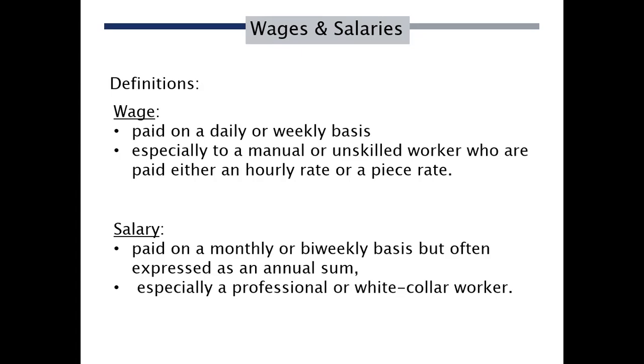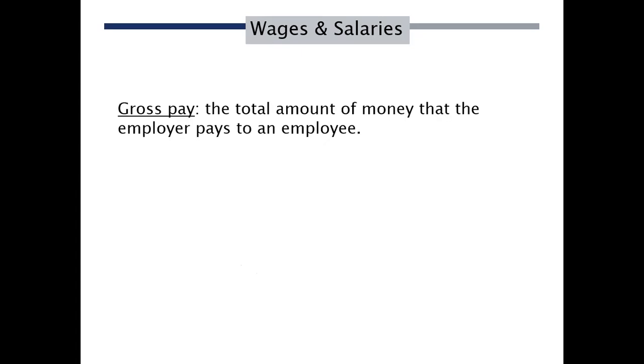A few more definitions I want to look at. Gross pay. Your gross pay is the total amount of money that the employer pays to an employee. So, let's say you just got this job and your employer says, okay, you're going to make $500 a week. That's the total amount of money that you make.